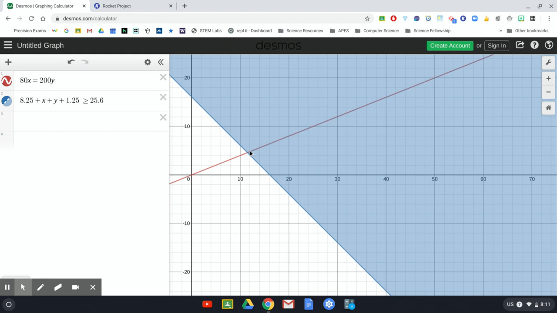So my options that I have here are any of these points all along the rest of this line.